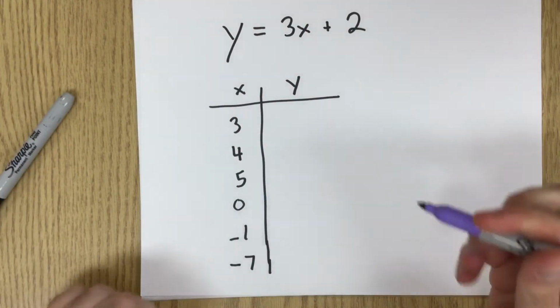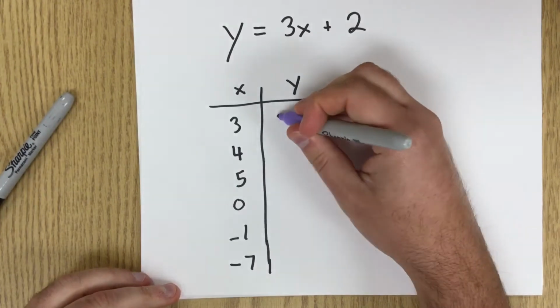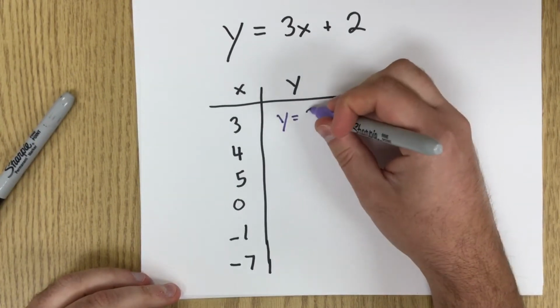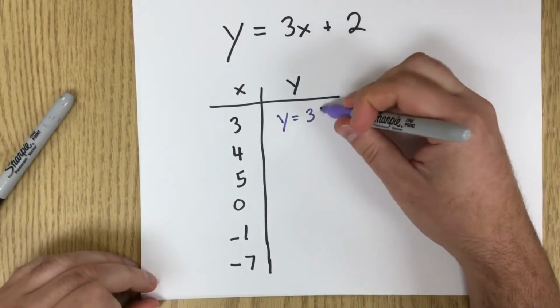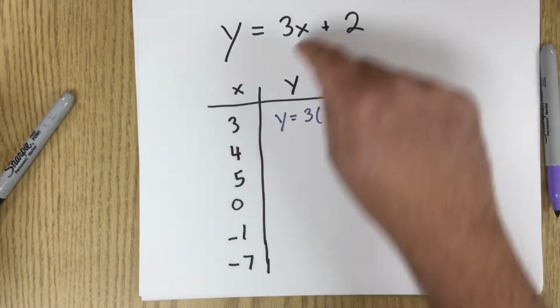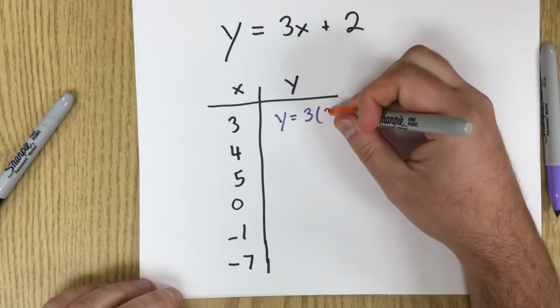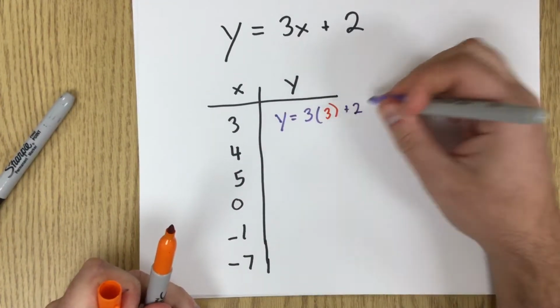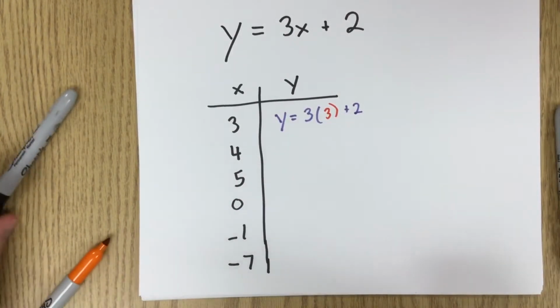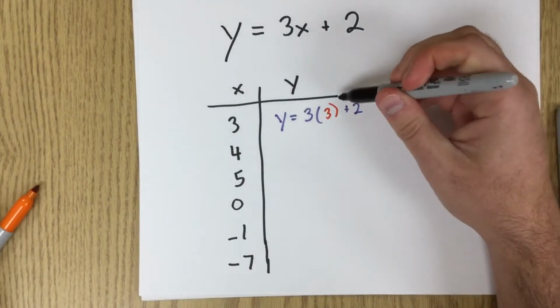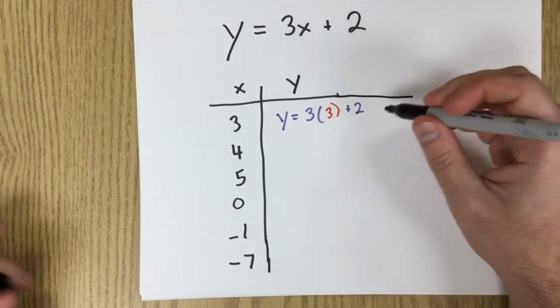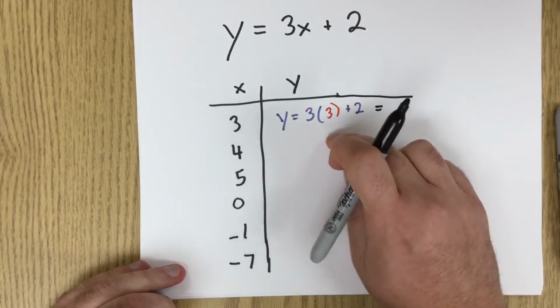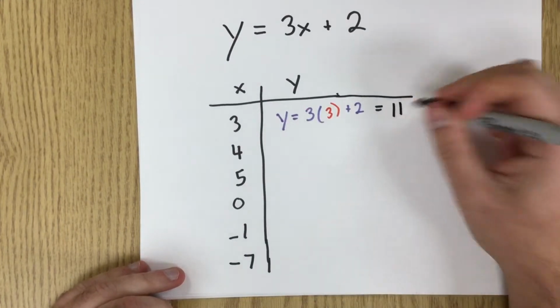So what we have is, we know that y is equal to 3, and then we plug in the value of x, plus 2. And the actual result of that is 3 times 3 is 9, 9 plus 2 is 11.